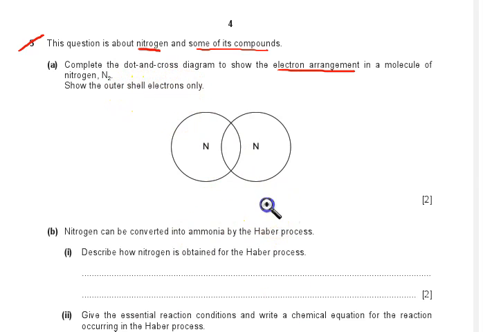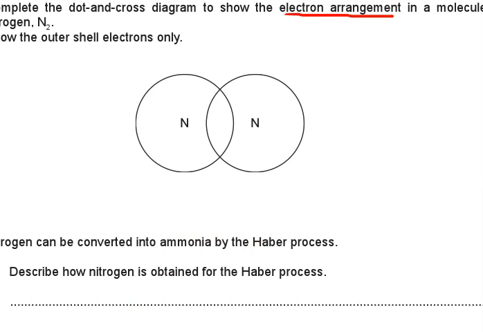Now let me zoom this bigger. Nitrogen has 7 electrons, so the electron arrangement here will be 2, 5. So let us draw the Lewis structure here first. Let's say I just draw here the cross 5 and I draw another nitrogen with a dot.